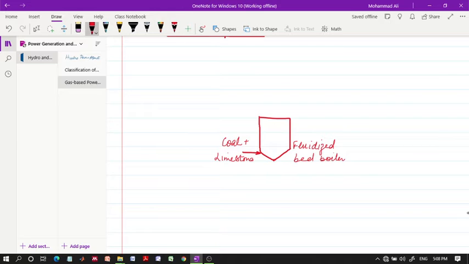So coal is inserted in this chamber along with the limestone. The coal is burned. The sulfur that is produced is absorbed by the limestone. Of course, there is ash produced, so the ash will come out of this.